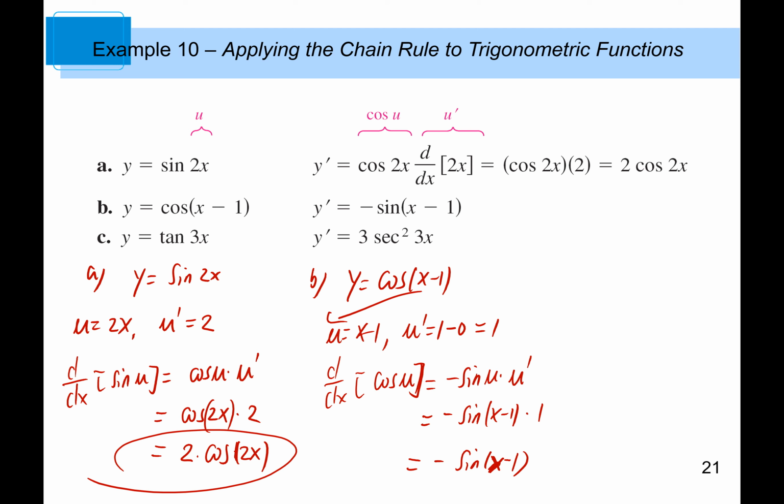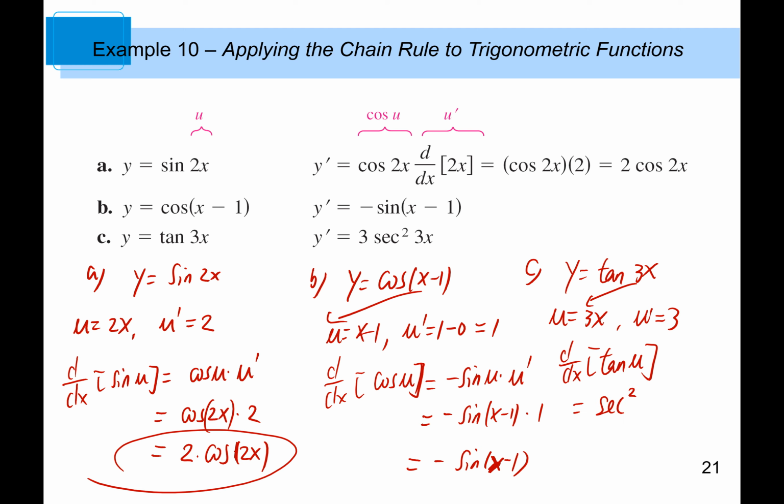Okay, the very last one. y equals tangent 3x. So we assume u equals 3x. Then u prime is 3. So for tangent u, the derivative of tangent u is secant u squared times u prime.